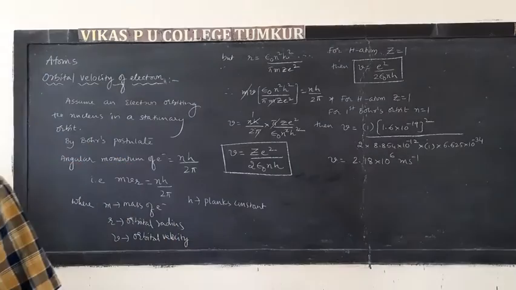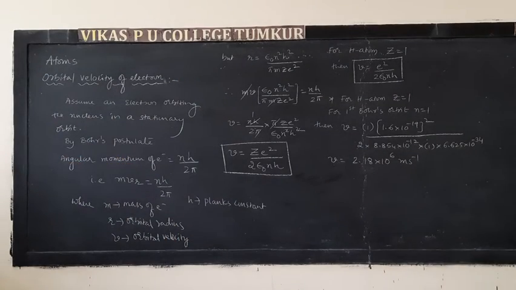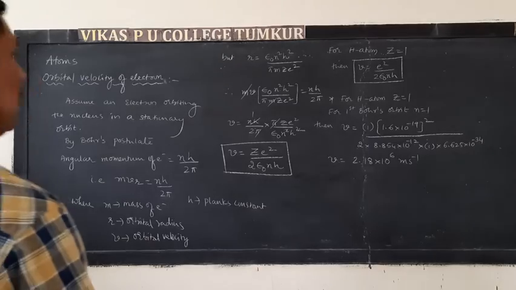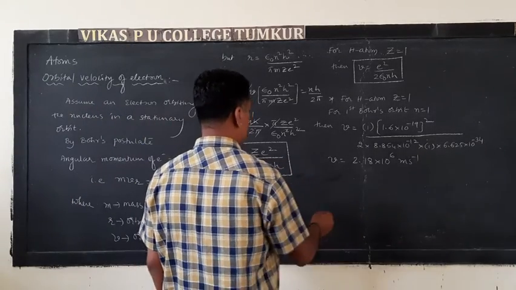So velocity of electron in first Bohr's orbit of hydrogen atom will be 2.18 into 10 power 6 meter per second. And now I took n as 1 for the first orbit.